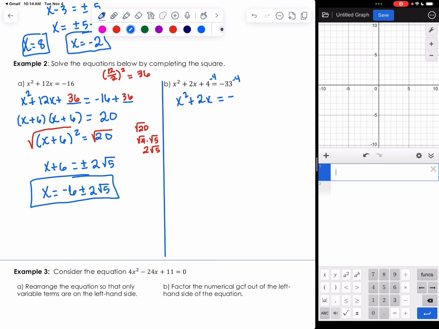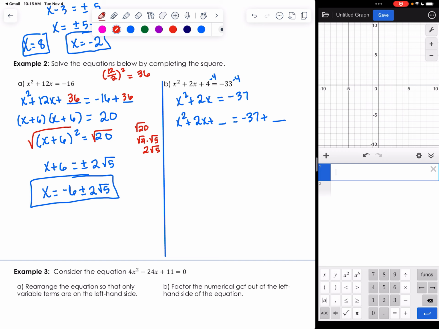And on this side we would get negative 37. Okay, so on the left side you only want variable terms, and on the right side you only want constant terms.